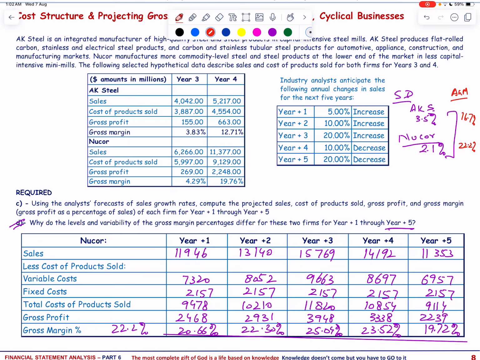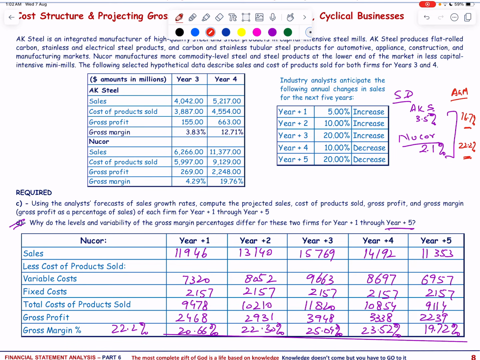One of the factors we can talk about is the economies of scale and the cost structure. You can see that Nucor generates a higher average gross margin, 22.2% as compared to AK Steel's 16.7%. This is despite having higher variable cost per dollar of sales and larger total fixed cost, and can be attributed to Nucor's significantly larger scale, which allows it to benefit from the economies of scale.